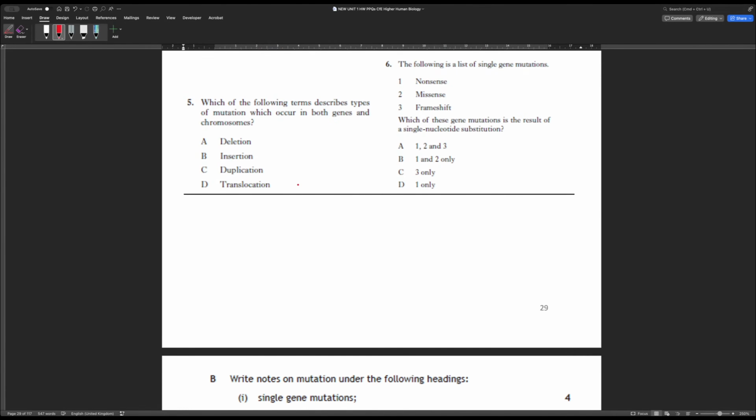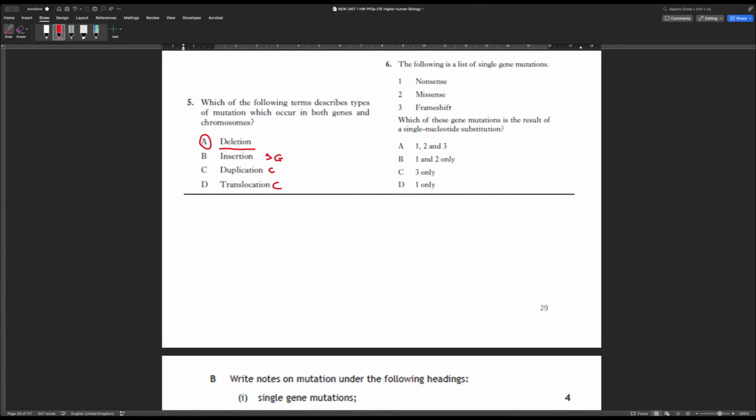Next one: which of the following terms describes types of mutations which occur in both genes and chromosomes? Now, we know that one type occurs in both the single gene and chromosome, and that's the deletion one there. That is chromosome only, that is chromosome only, that is single gene only, and this one occurs in both. Next: the following list is single gene mutations. We've got nonsense, missense, and frame shift. Which of these gene mutations is the result of a single nucleotide substitution?